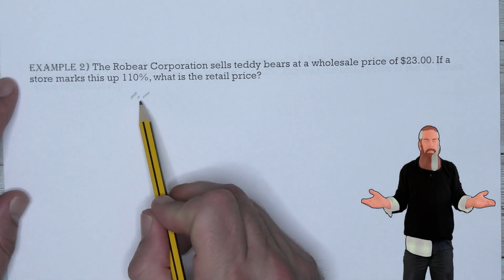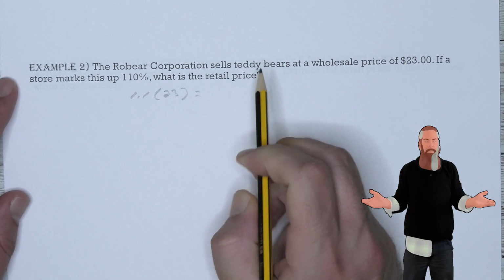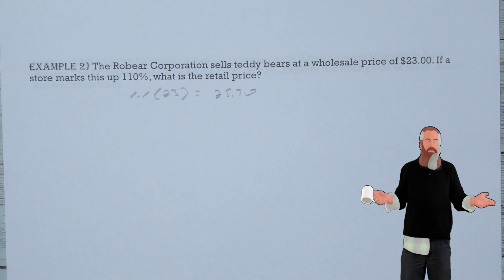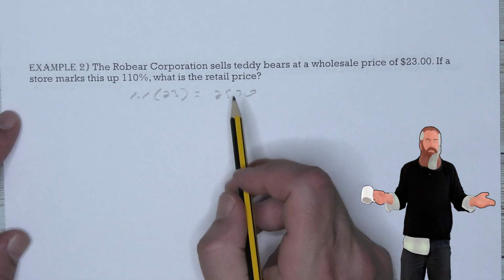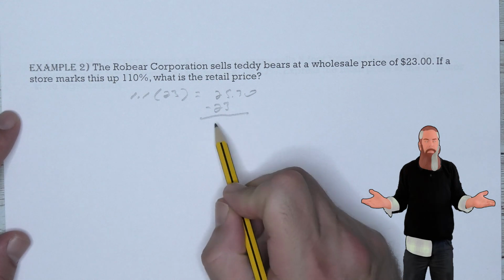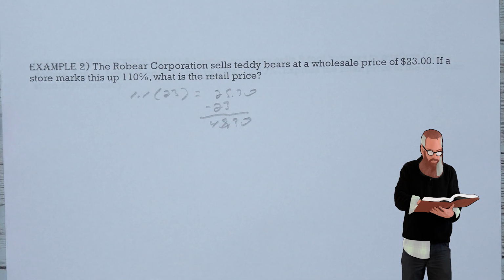So we're going to take 1.1 of the price, $23, and get $25.30. Now, the wholesale price and the markup are going to give us our retail price. So we know our markup, we add in the wholesale price, and we get $48.30. So it retails for $48.30.